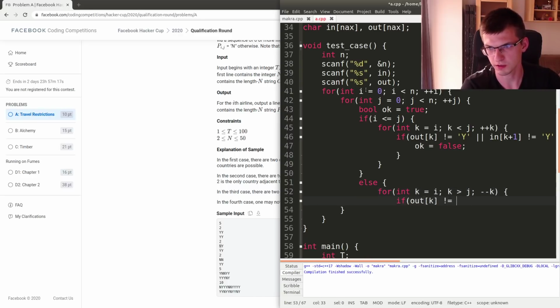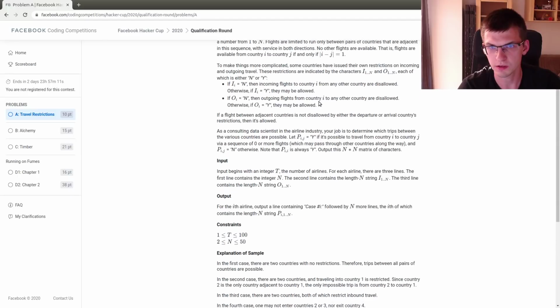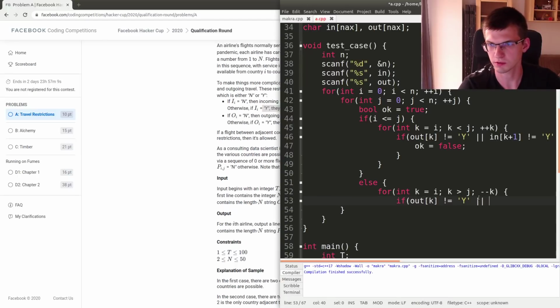Out of k, it's impossible. Loop. Actually, what does y mean? Allowed, okay. Or in of k minus 1.